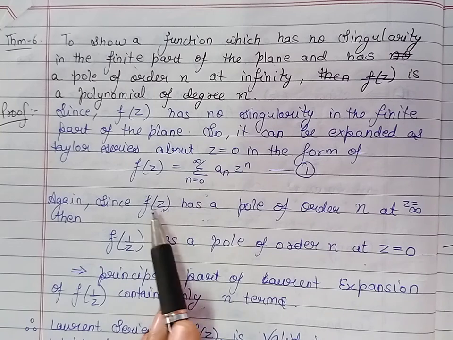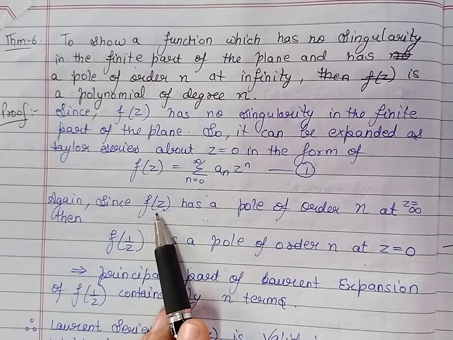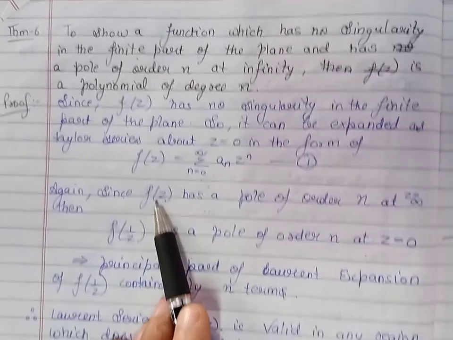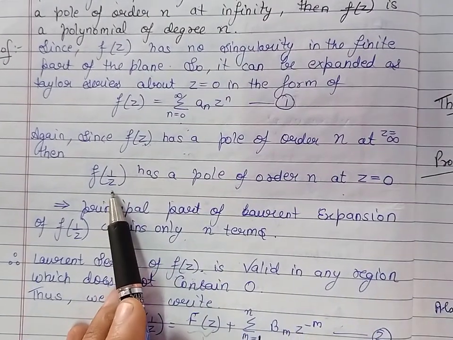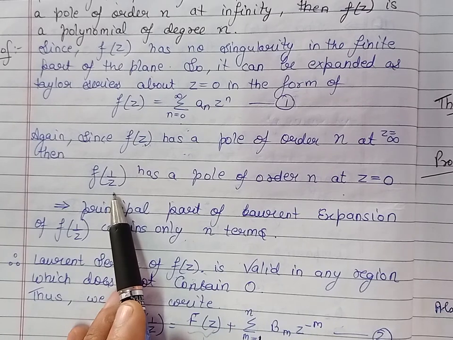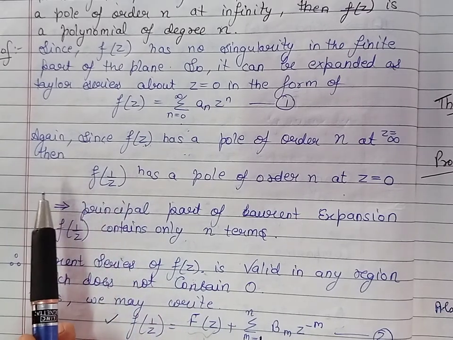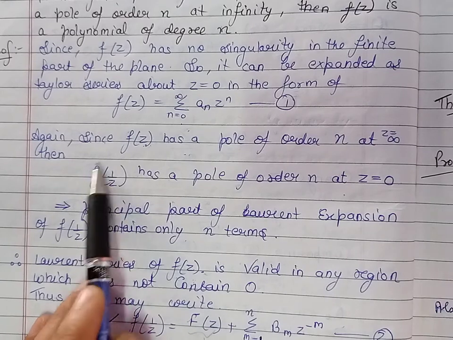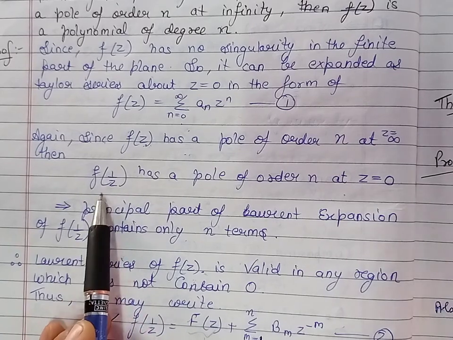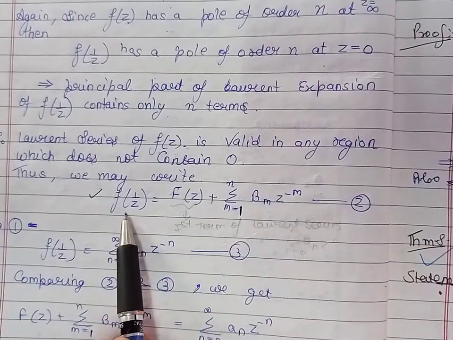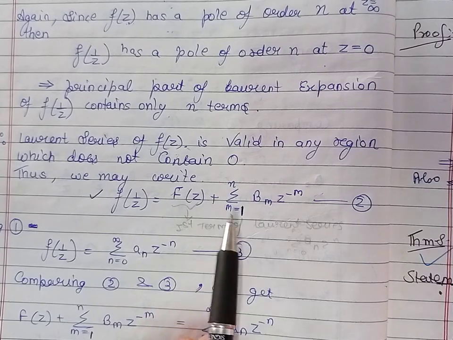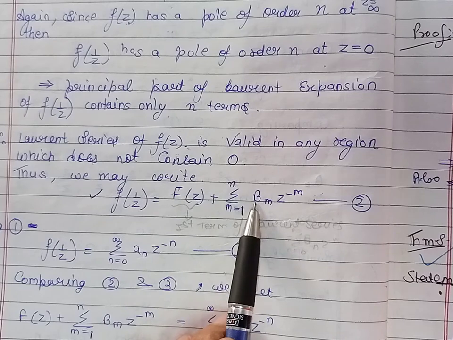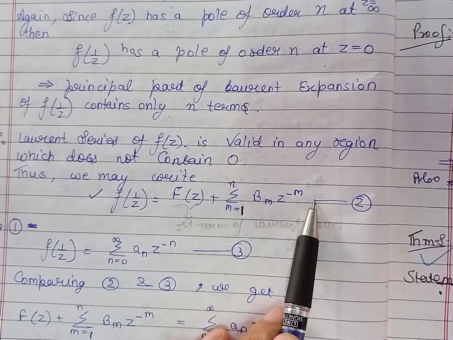Now because the function has a pole of order n at infinity, f of 1 by z will have a pole of order n at z is equal to 0. It means the principal part of the Laurent expansion of this function will contain n terms, and therefore the Laurent expansion of the function can be written as f of 1 by z is equal to f of z plus summation m varies from 1 to n bm z raised to the power minus m.